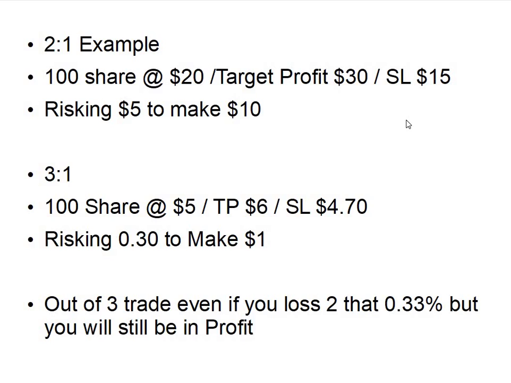Now just to give you another example of 3-to-1. Now I'm going to make it a little bit more practical, of what happens in trades that I get into. I usually trade around penny stocks. Sometimes I play around with penny stocks, but usually $1.50, $2 stocks all the way to $20 to $30 stocks.